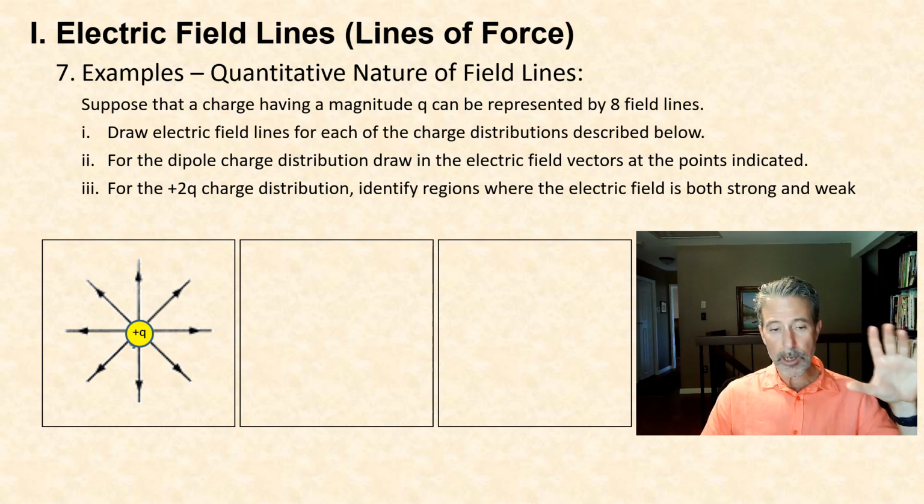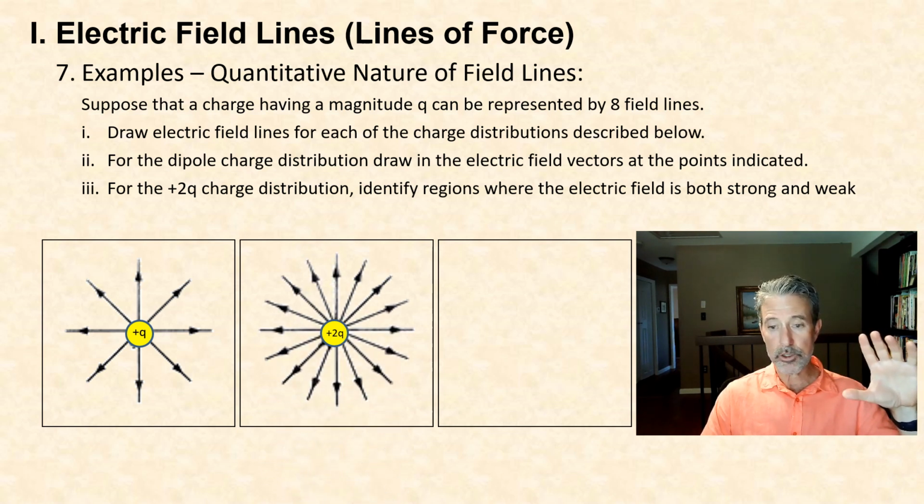If we wanted to double the charge and draw the field line model for a charge distribution with twice as much charge, well, if 8 field lines are needed to represent a charge of plus Q, we need twice that many, or 16 field lines, to represent a charge of plus 2Q. Once again, these field lines point away from the positive charge. Notice again their uniform distribution in space.